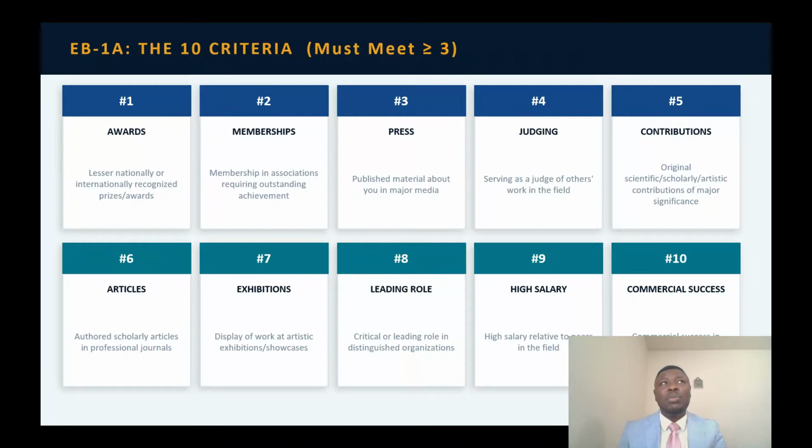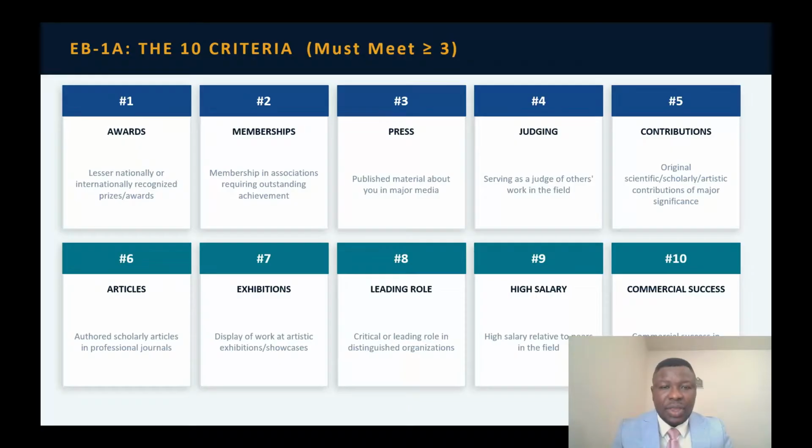Let's say that your work was published in CNN, or in Fox News, or in Vanguard in Nigeria, or in US Times, The Guardian, Nigerian Tribune, or any major media in the US or outside the US, then you could claim this criterion. So published material about the petitioner in major media, either in the US or outside the US.